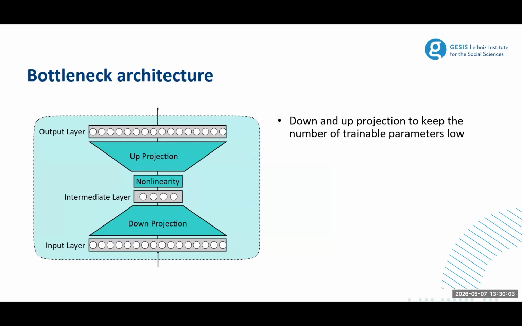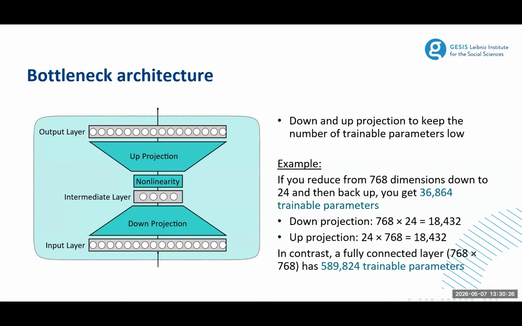On a high level, the idea is just that you create a bottleneck that reduces the number of trainable parameters through a down and up projection. Having this in just a 30-minute presentation is quite a challenge, but I think easiest is if we look at an example.